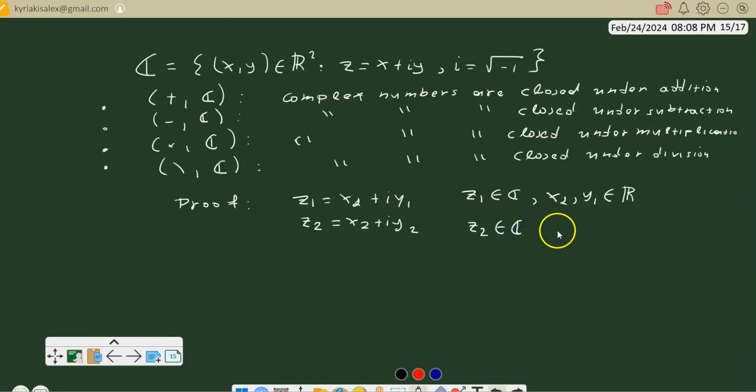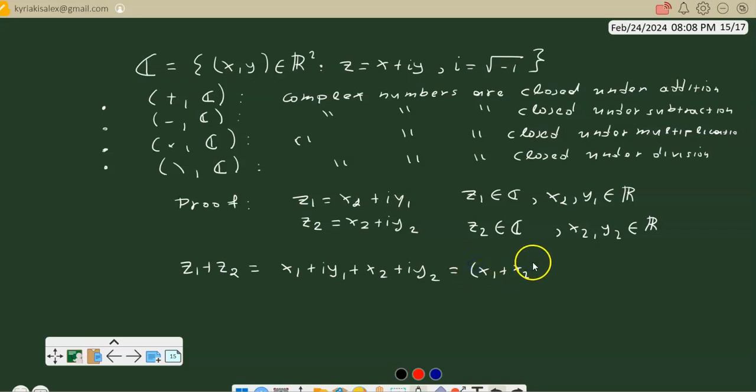And x2 and y2 are real numbers. Let's sum these two complex numbers together. So the real part is x1 plus x2 plus i, y1 plus y2. So this is the real part.